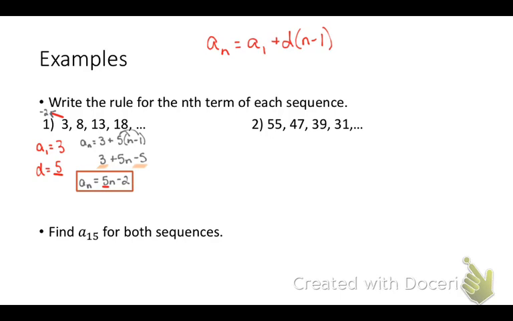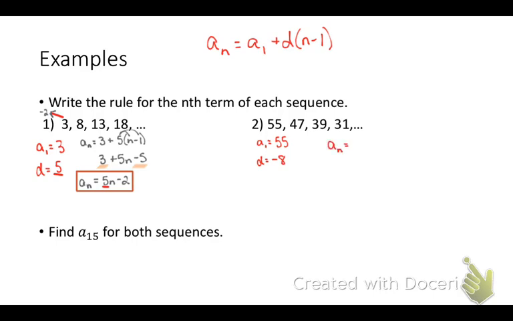Do the same thing then for 2. What's my first term? What's my common difference? 55. What's my common difference? -8. Okay, because since it went down, it's going to be negative. So since it's negative, that's fine, I just plug everything straight in.